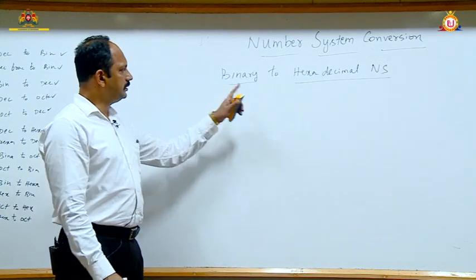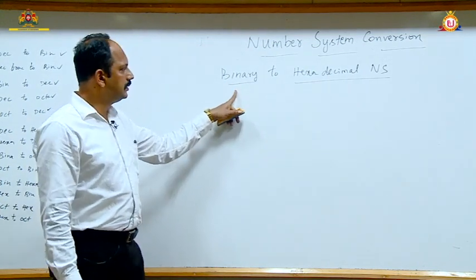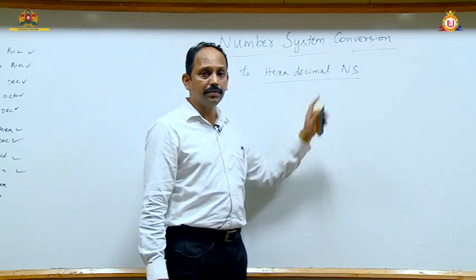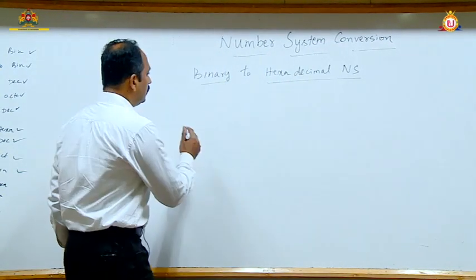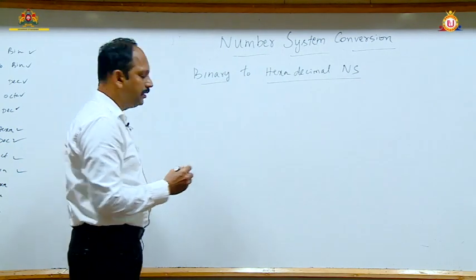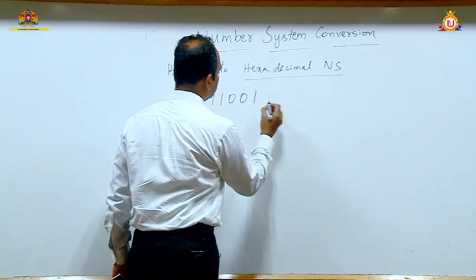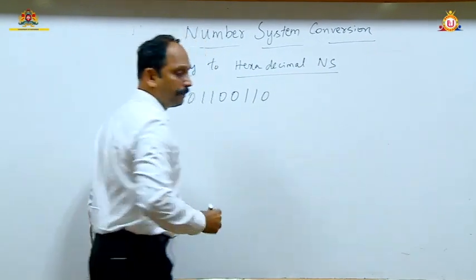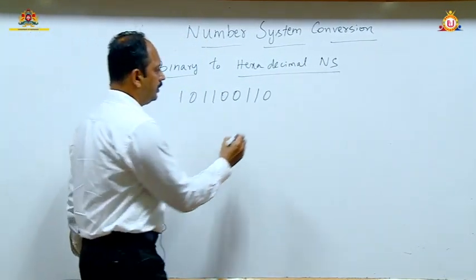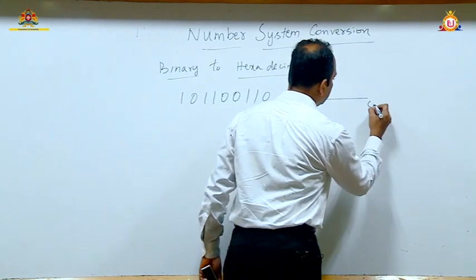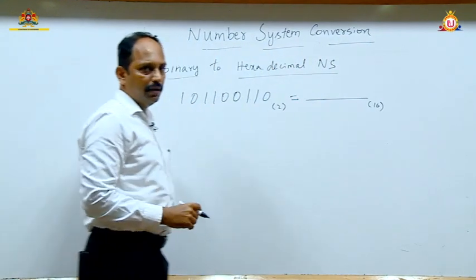Dear students, let us see how a binary value is converted to a hexadecimal number. Let me take an example binary number here. This is the binary number. Now, what is the equivalent hexadecimal number?